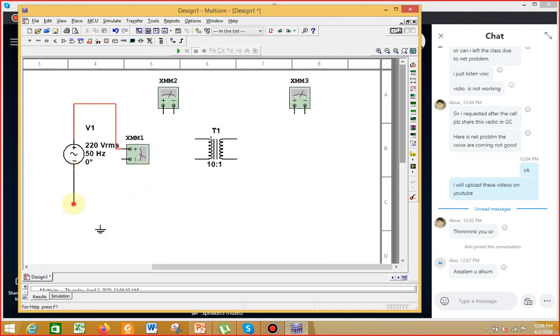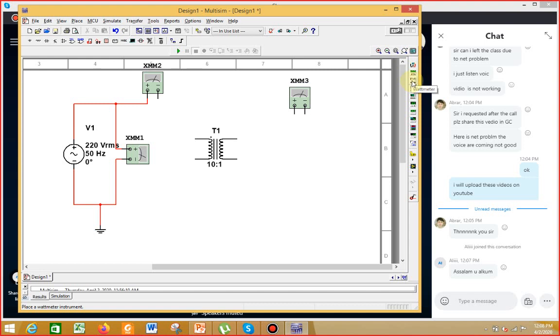So here we are going to connect this. Then there is an ammeter connected. And we also have a wattmeter.